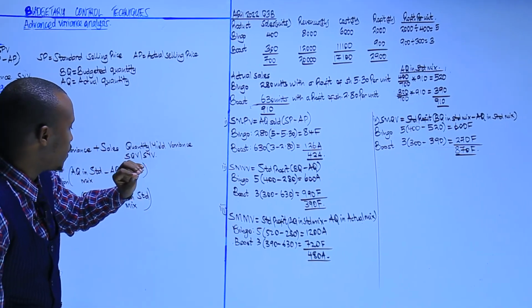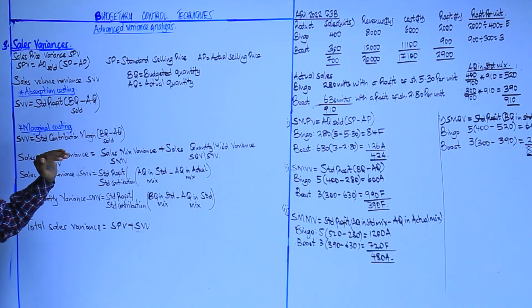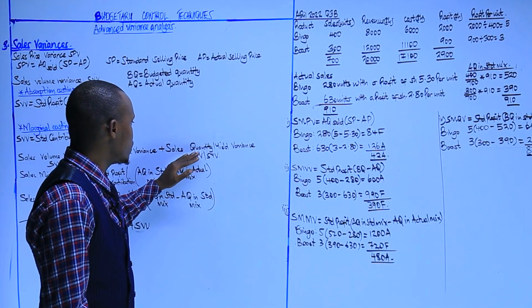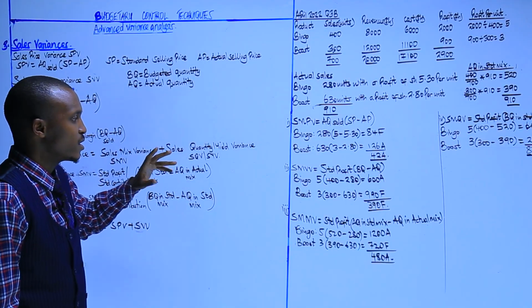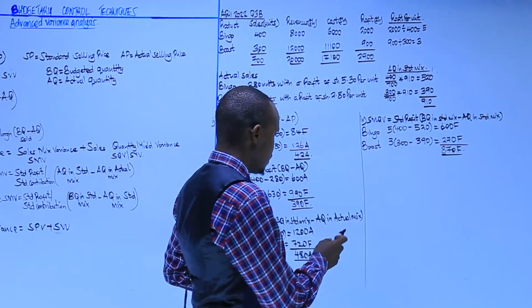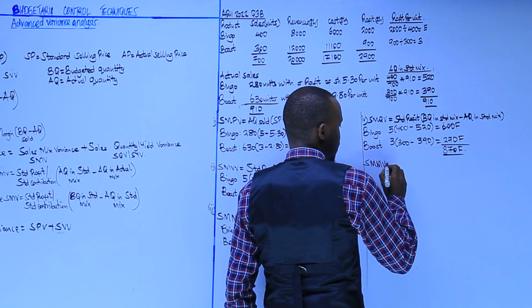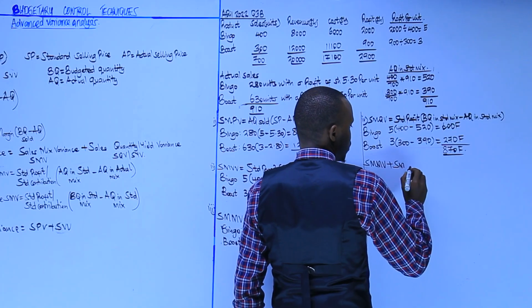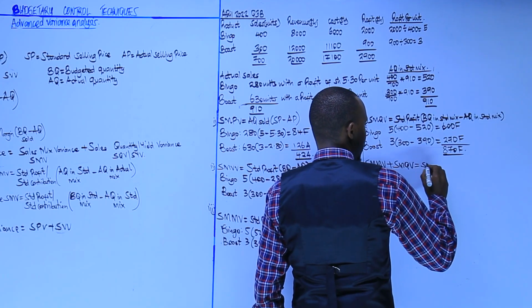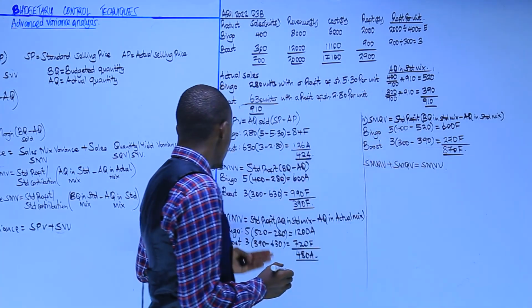Let's confirm that when you take your mix variance plus your sales quantity variance, it will give you your sales margin volume variance.